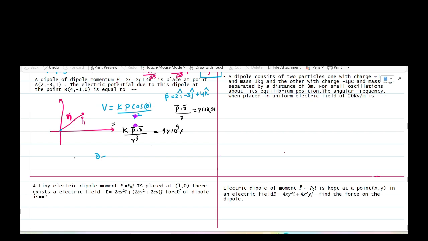Here r bar also I need to find out. So this is r bar. Means r bar is equal to 4 minus 2, 2i cap, minus 1 plus 3, 2j cap, 0 minus 4, minus 4k cap. Now if we substitute this, 4 plus 6 minus 16 by r cube. So r, the magnitude of r bar, is the root of 4 plus 4 plus 16, that is root 24, right?